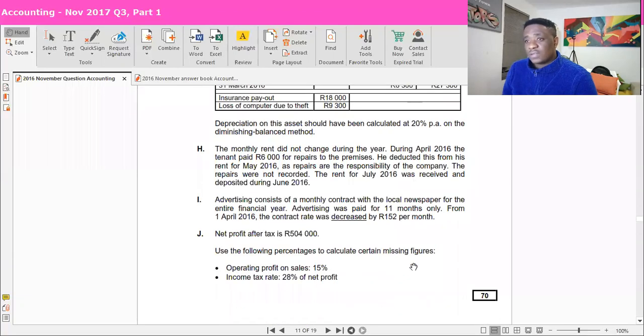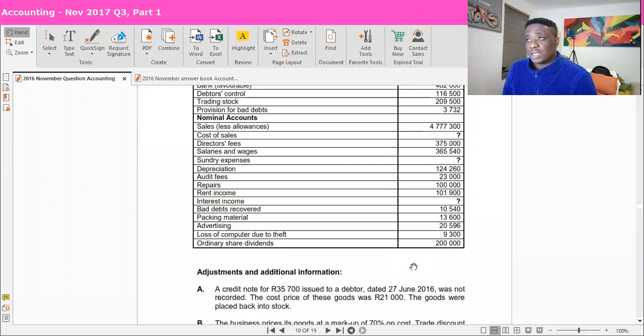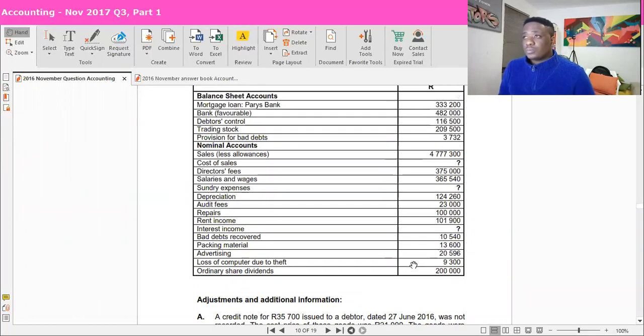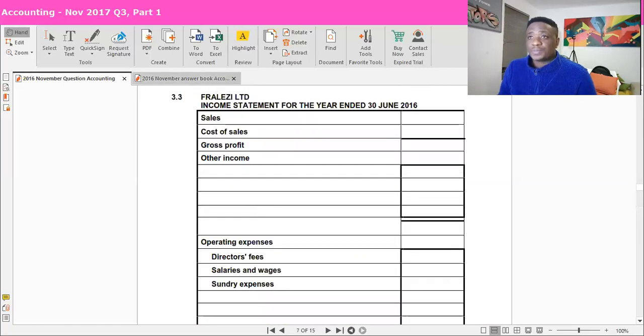So the rest of the other information is not about sales. So it's the first piece of information that we'll use to calculate our correct sales figure. We'll need to take the 4,777,300 and then subtract this credit note for 35,700 because it was not recorded. They say it clearly there: it was not recorded, so we need to record it.